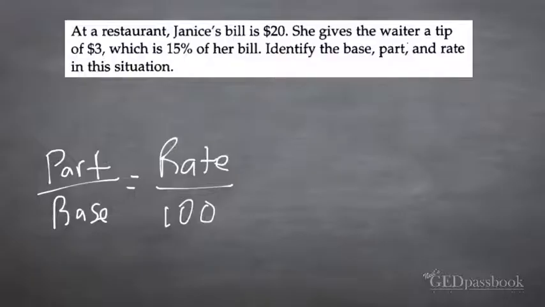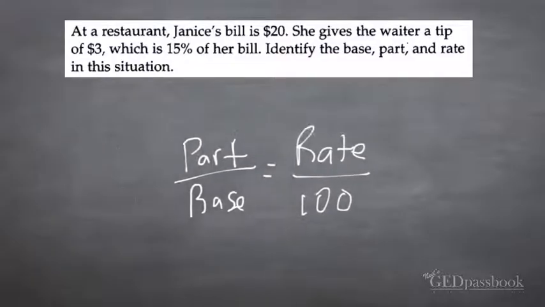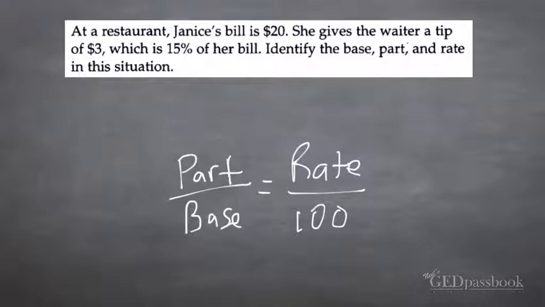So, first things first, let's start with the easy one. Rate. Rate, my friends, you guys want to think of it as the percent of your word problem. So in the word problem, you're going to be given a percent somewhere. Guess what? That's your rate. Pretty straightforward. The base. Think of that as your total of whatever it is that your word problem is talking about.